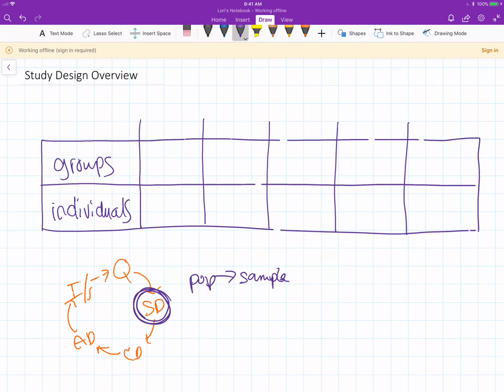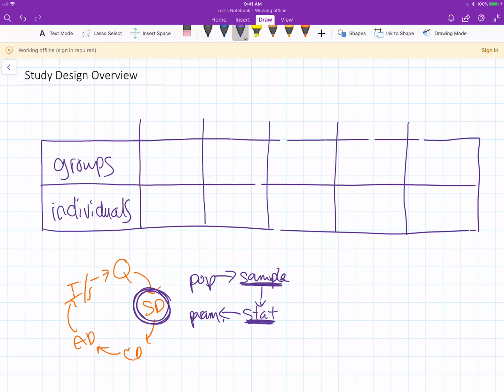We don't study everybody because it would be prohibitive, either in cost or time. And then from that, we measure things called statistics, and then we infer back about the population parameters. So study design is all about how we find out who we want to include in our study, and then how we measure those variables that we want to collect.